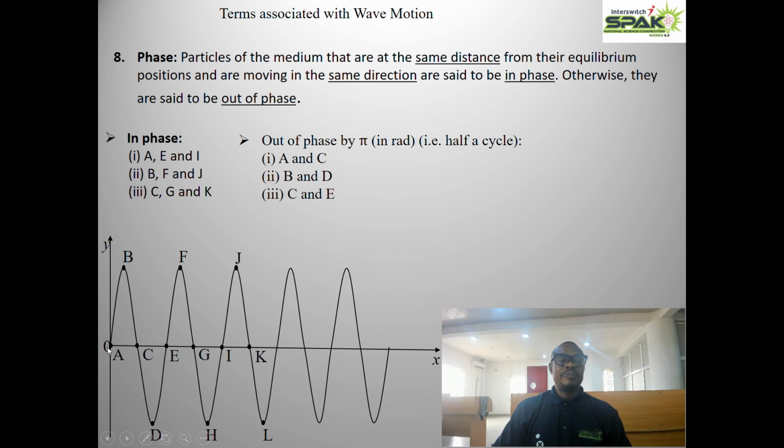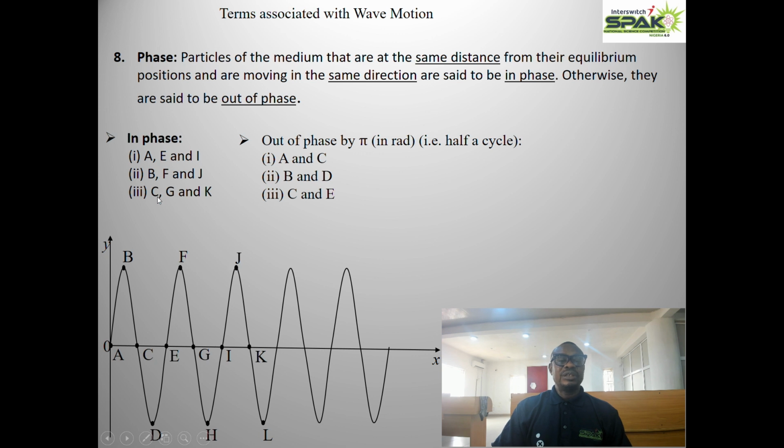Most likely, particles that are moving in phase are a wavelength ahead. So let's look at this. A and E are a wavelength apart, so they're in phase. What about I? Of course they're in phase. Look at B and F. Are they in phase? Of course, because they are one wavelength apart, 360 degrees, 2 pi radians. Then F and G, of course, they're in phase.